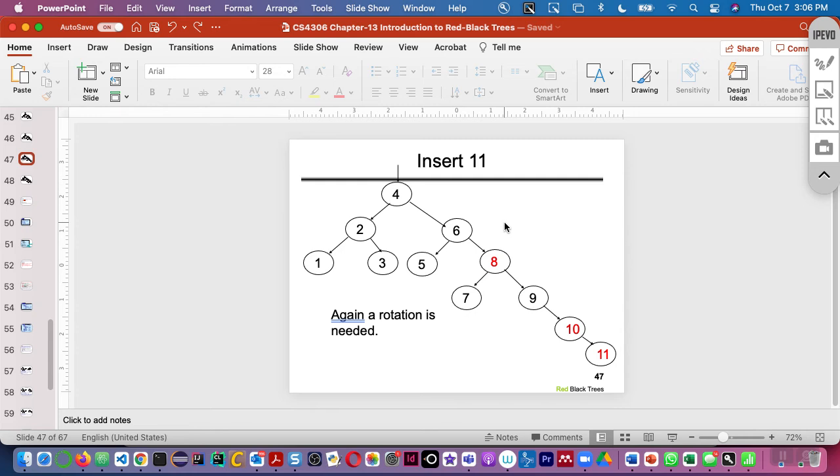It will disturb the last property, the number of black nodes. Because whenever you delete this middle node, black, that is one black down, right? And you have to fix all paths, not only this path. If you have other branches, you need to fix all branches.